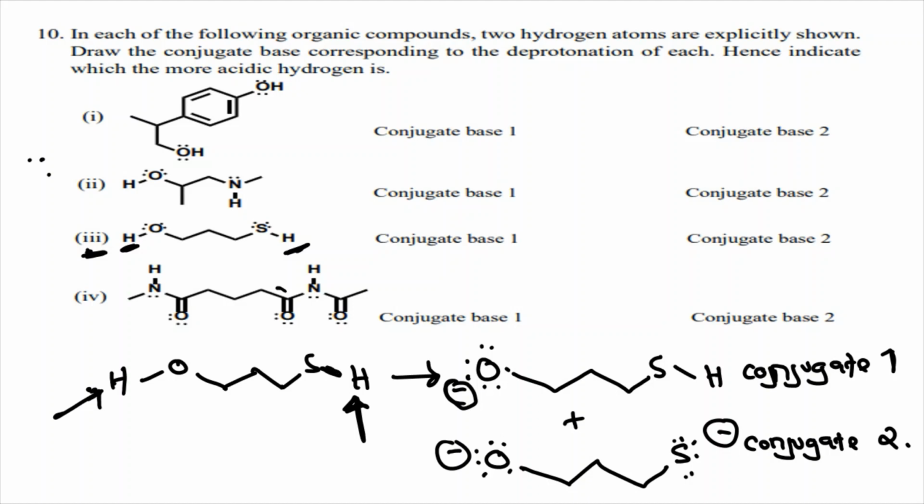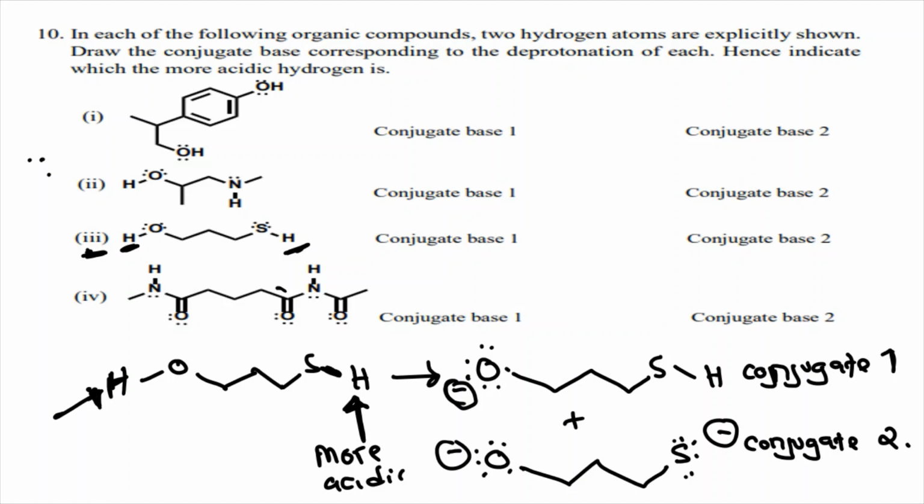So here what you have to know is that although oxygen is more electronegative than sulfur, sulfur is more acidic than oxygen because of its size. So sulfur forms a more stable negative charge than oxygen. That's why the hydrogen that is attached to sulfur is more acidic. Okay. So that is the answer for question 3.